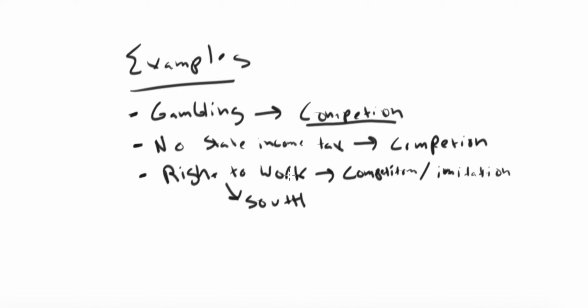They happen through learning or imitation or competition or coercion. And some of these examples include recent gambling laws passed in states where states are competing with each other, adopting a no state income tax policy, so there's no state level income tax in certain states. That might be done out of competition. Right to work could be done out of competition or imitation. Same sex marriage could be coercion.